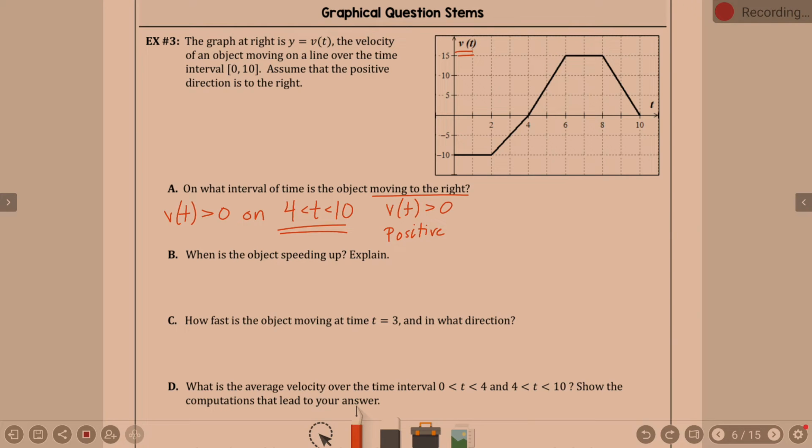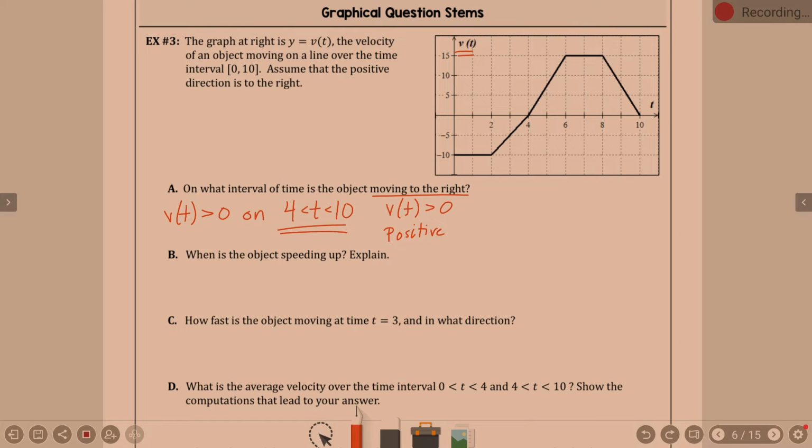Wait, so why is it here? It's just greater than. It's not greater than or equal to. Because at 4 and 10, my velocity is not positive, it's 0. And officially, mathematical definition, 0 is neither positive nor negative. So I guess it would have to be parentheses. I just kind of went around in a circle and answered my own question.